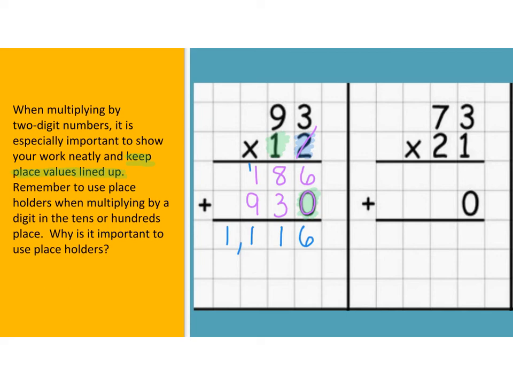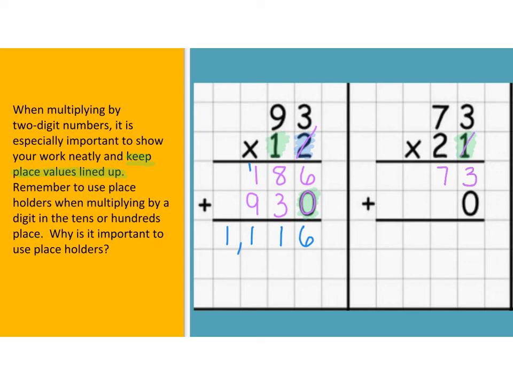Next, we're going to multiply 73 times 21. First, I'm going to multiply my digit in the ones place on bottom by all the digits on top. 1 times 3 is 3. 1 times 7 is 7.